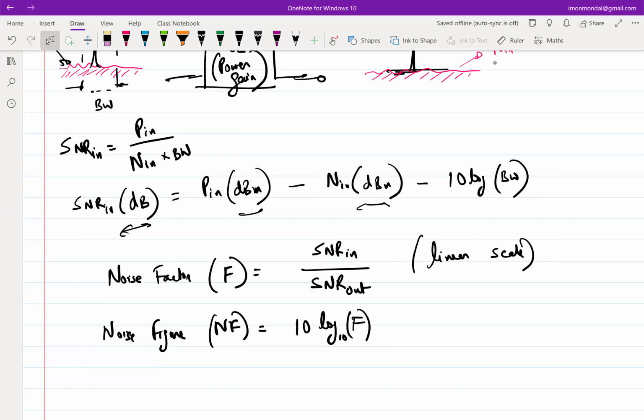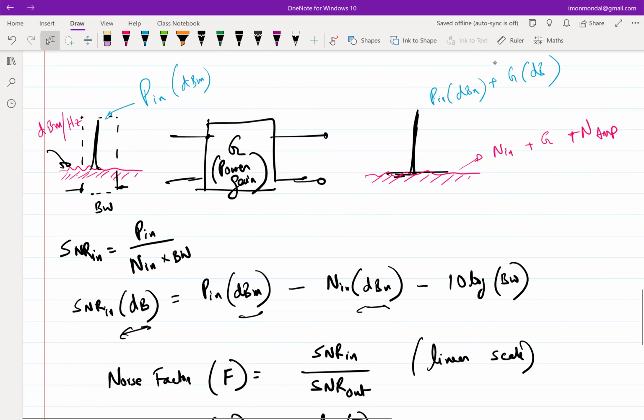If your noise figure is 3 dB, what would it mean? Three dB means F is 2. F is 2 means SNR out is half of that of SNR in, so your SNR has degraded by a factor of 2.